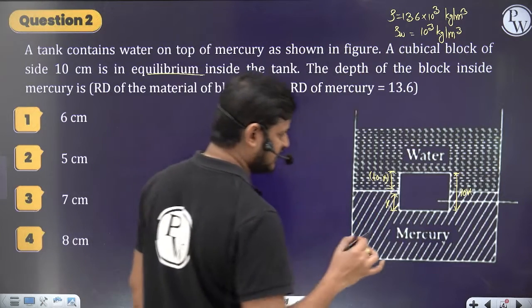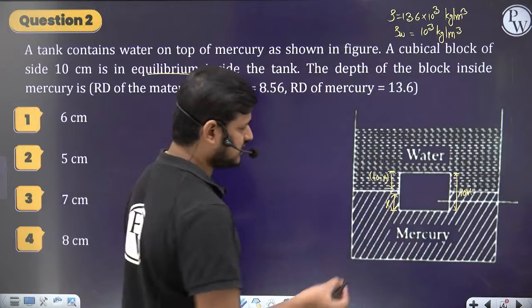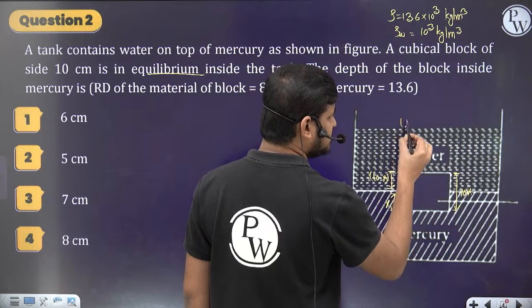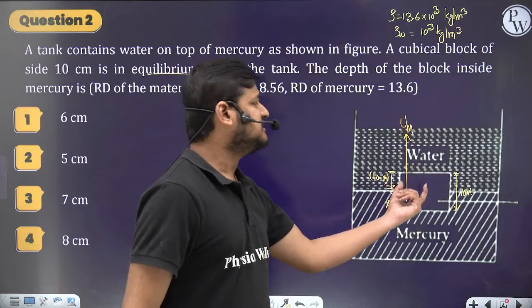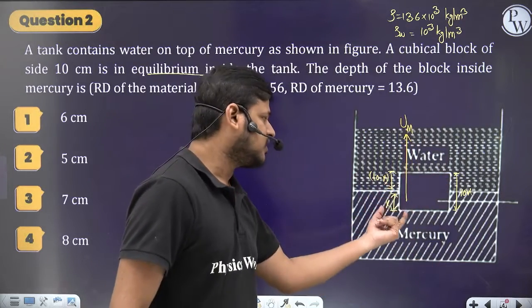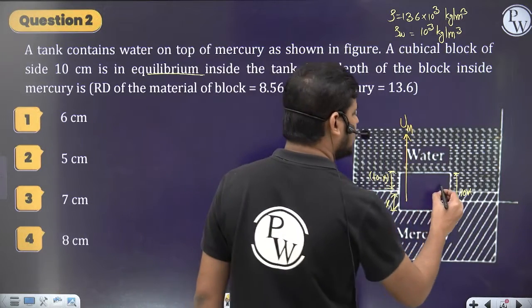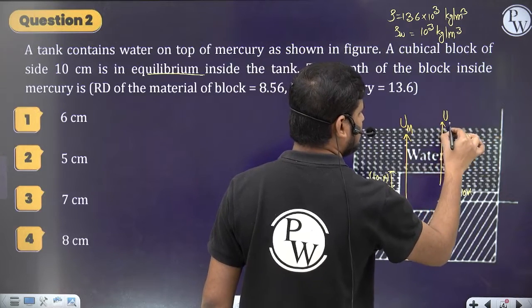Let's understand carefully. Here the mercury will create the upthrust, right? This is the upthrust by the mercury, and the block is there in the water as well as in the mercury. So the water also exerts upthrust, right?